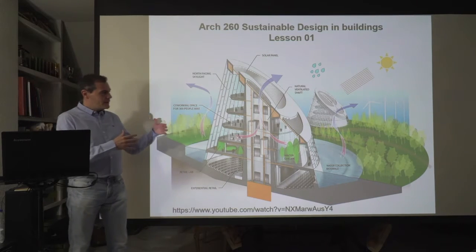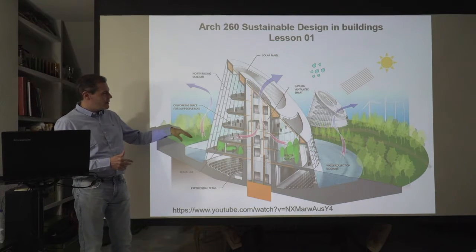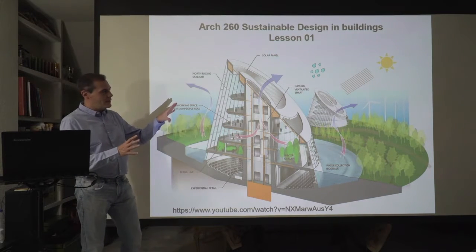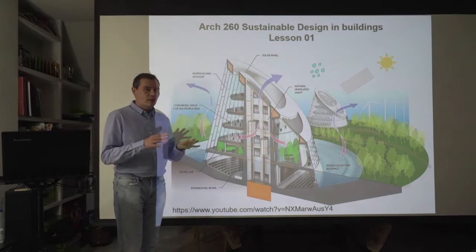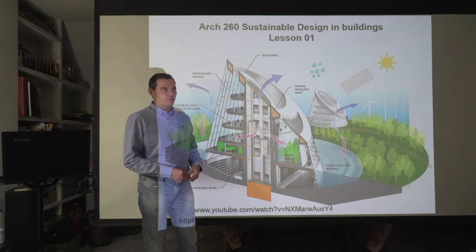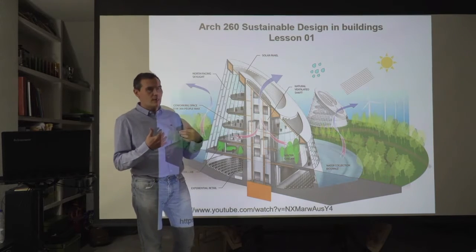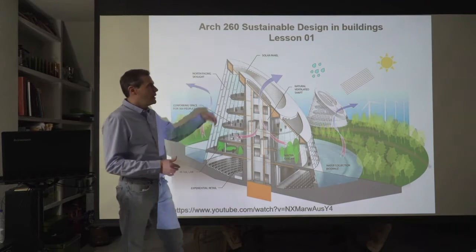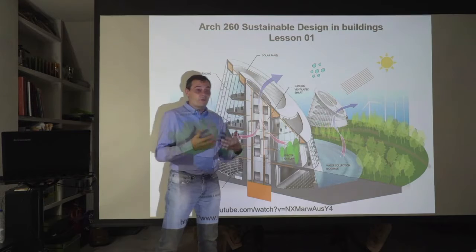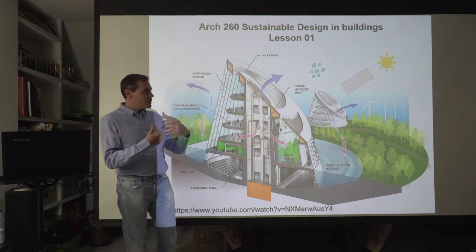But if we analyze this picture, what can we see? We see that basically we have 4 elements that we have to use. We have sun. Sun is very important. It's the main source of energy. We have earth. The energy that we receive from the sun is outstanding, it's incredible. We have water for free, it rains, and we have to use it.